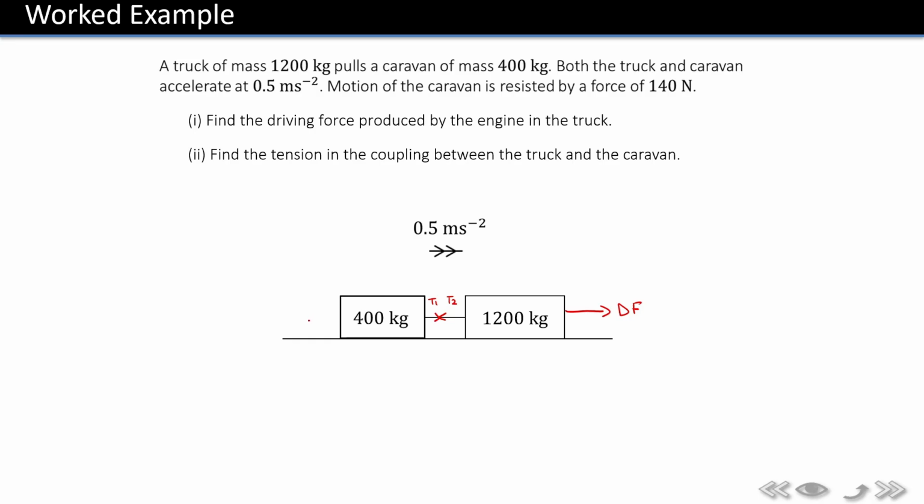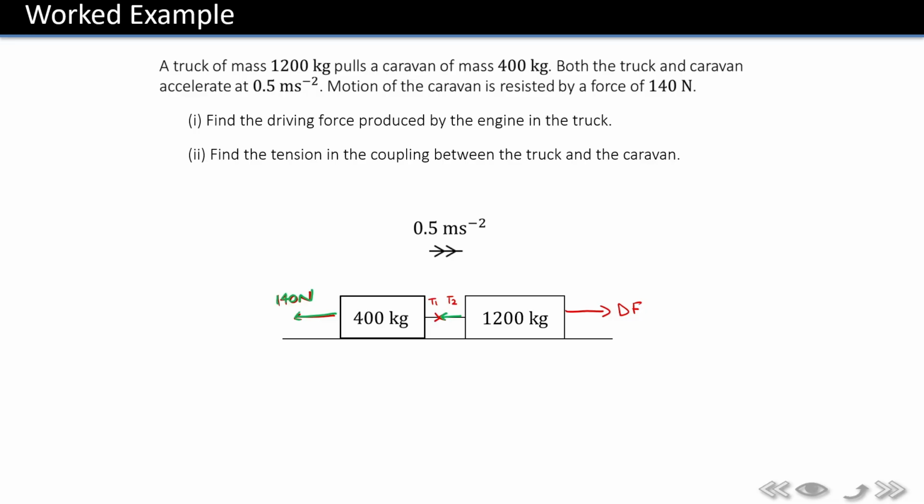And I've got a force going in this direction, which, as it states, is 140 newtons. Now again, if you've got access to colours, I'd strongly recommend labelling the opposing forces in different colours, so that when you're working it collectively, you can see exactly which is going in which direction.